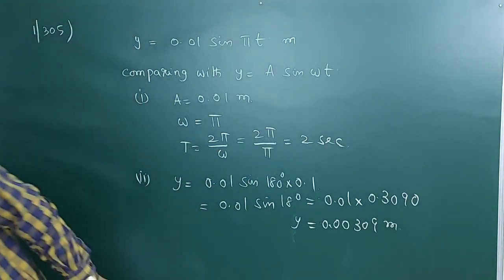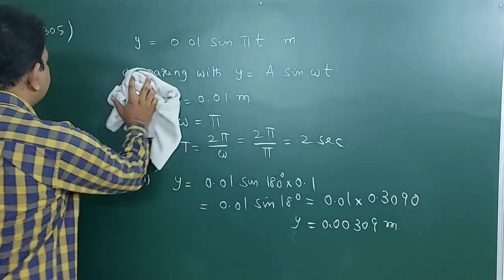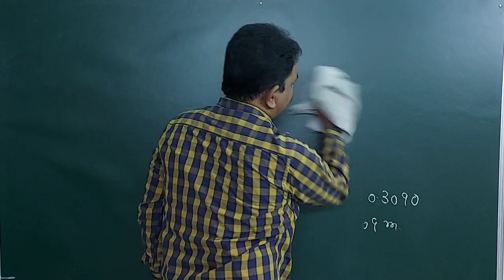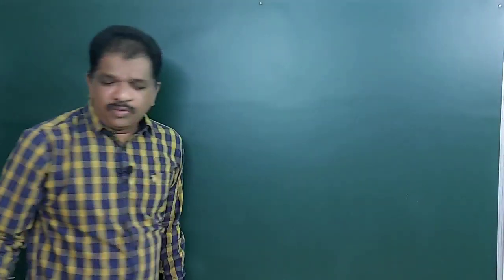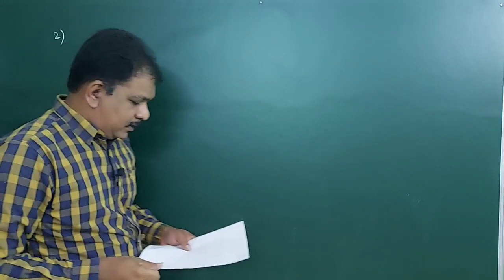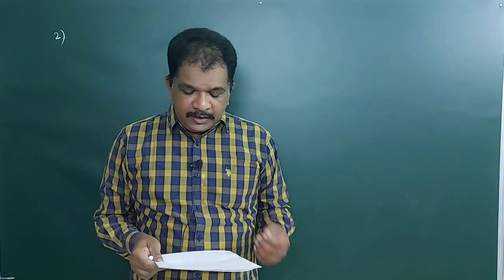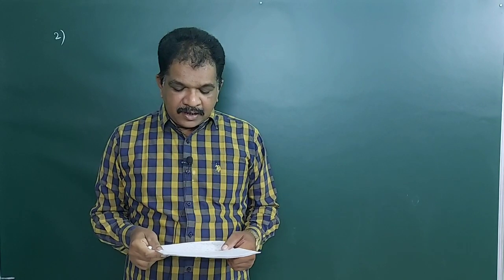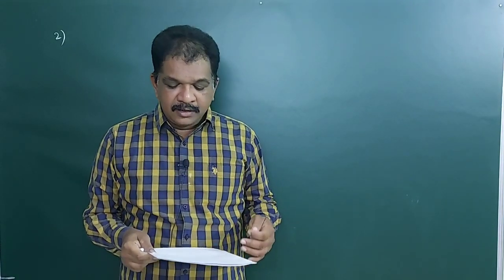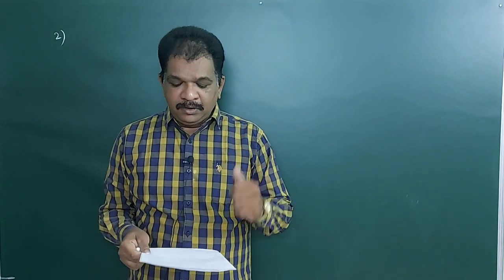See the second problem, what they are asking. All are same models only. A body executing SHM has its velocity 0.16 meter per second when passing through the mean position.